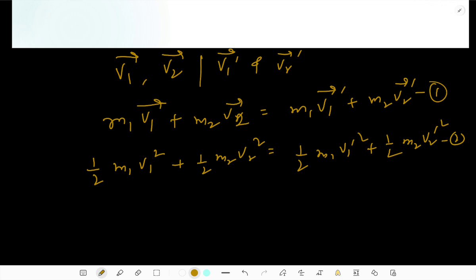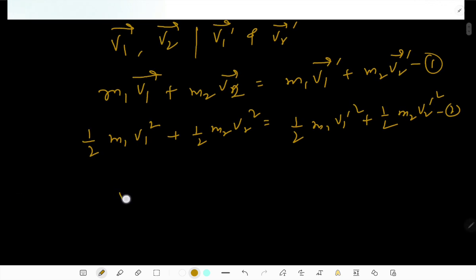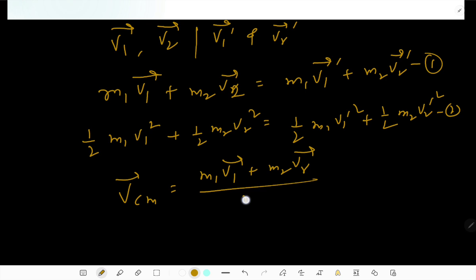So I suggest you learn to work in a frame called the center of mass frame, because momentum of the system is conserved. That means the velocity of the center of mass of the system is a constant. And you can always write the velocity of the center of mass simply as m1 v1 plus m2 v2 divided by m1 plus m2.